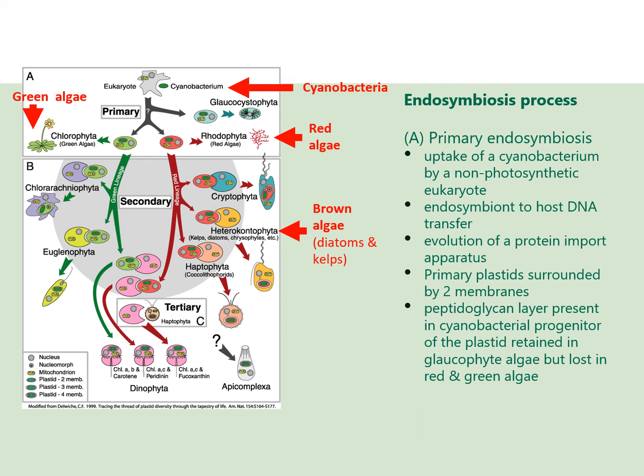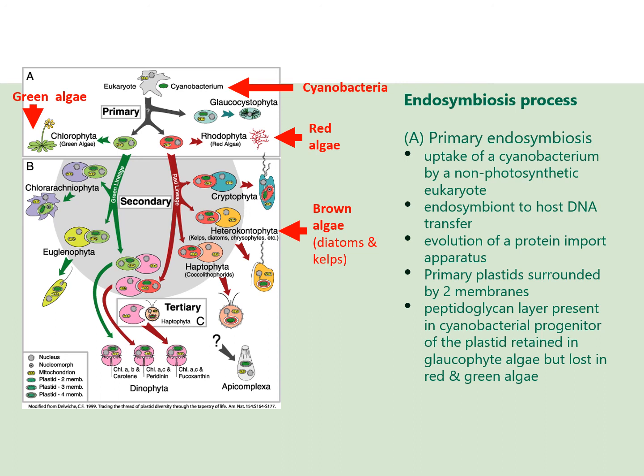So many different eukaryotic hosts took up many different types of green or red algae and created these new diverse lineages. Some of the lineages that we are most focused on are the cyanobacteria, green algae, red algae, and the diatom and also the kelp.